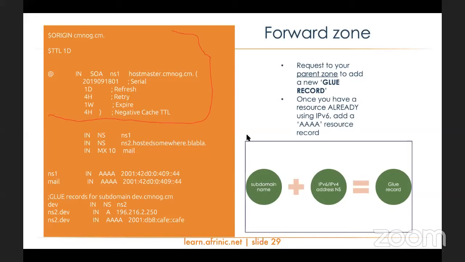And then you have some lines for the name servers, which indicate which are the name servers for this zone file. We have the mail exchanger, which indicates which is the SMTP server of this zone.